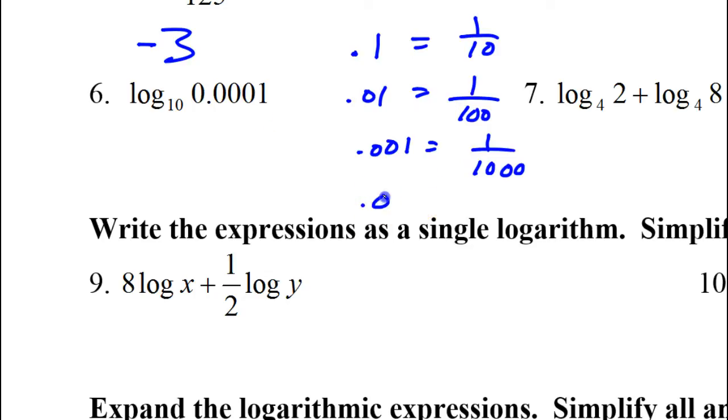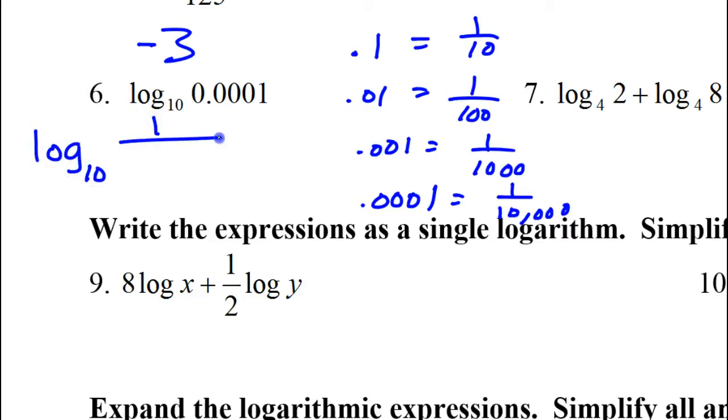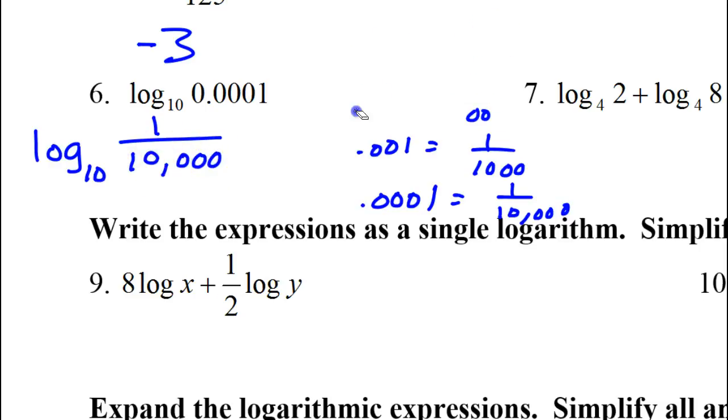And if I have 0.0001, that's 1/10,000th. All right? Don't forget your 3rd grade or whatever grade that was. So this is the same thing as log base 10 of 1 over 10,000. So that's the key to this whole problem, making that fraction happen.